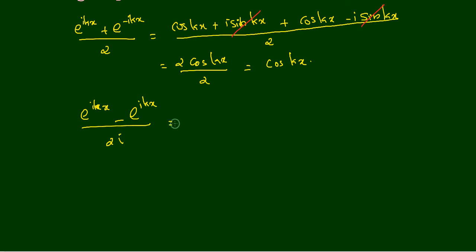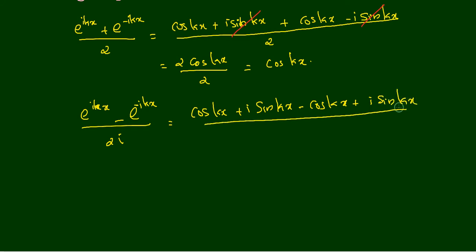That is equal to cos kx plus i sin kx, minus e raised to minus i kx, that is minus cos kx plus i sin kx, divided by 2i.